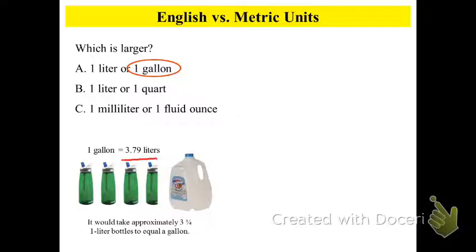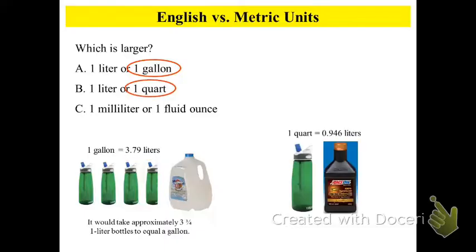Then as we go to number 2, we look at 1 liter or 1 quart. This one's a little bit harder for you all as we've gone through the notes. But 1 quart is actually bigger, and it's just barely bigger. So as you fill in number 2, 1 quart equals 0.946.